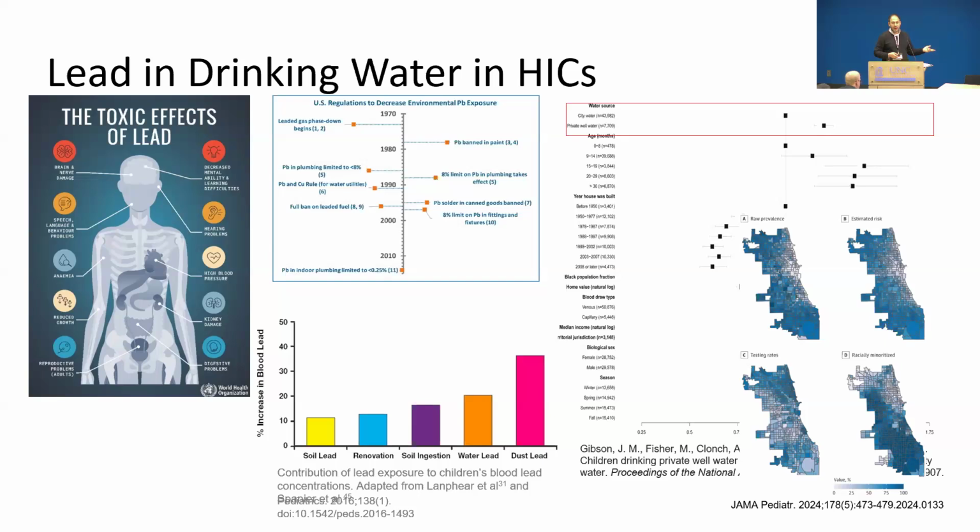And so the question is, okay, have we solved lead in drinking water? Can we neglect it if we just do all this stuff? And, again, when we look at evidence synthesized by the American Academy of Pediatrics from studies over the last couple of decades, we see that lead in drinking water still contributes a non-trivial proportion to children's blood lead.